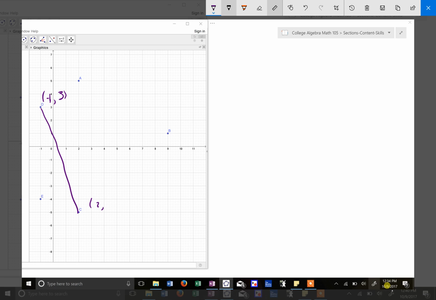C is at the point 2, -5. This is my x1 and my y1. It's the first point. X2 and y2, that's my second point. Sometimes it actually even helps to say point 1, point 2, x, y. Sometimes I have students do this and it actually helps them out a little bit. You can say -1, 3, 2, and -5.